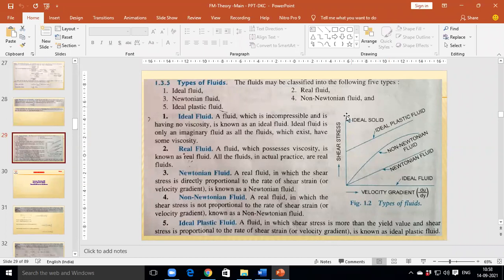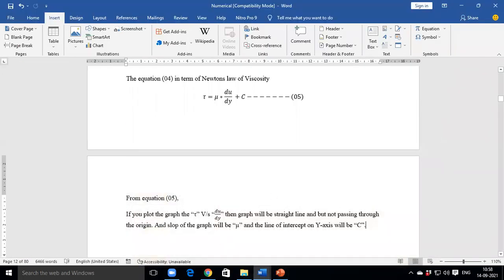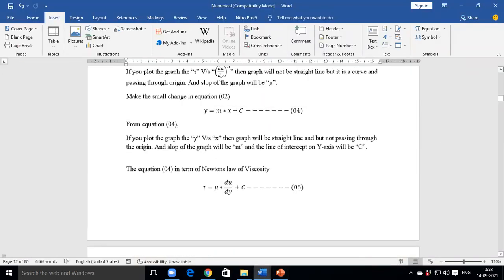Okay. And then ideal solid and ideal fluid. One more fluid is there, Bingham plastic fluid. The Bingham plastic fluid is not shown in the graph, but I will show you that equation and its format.